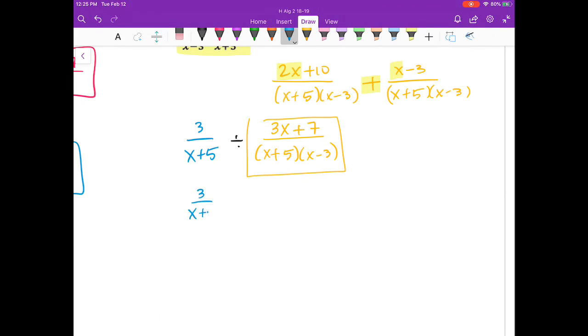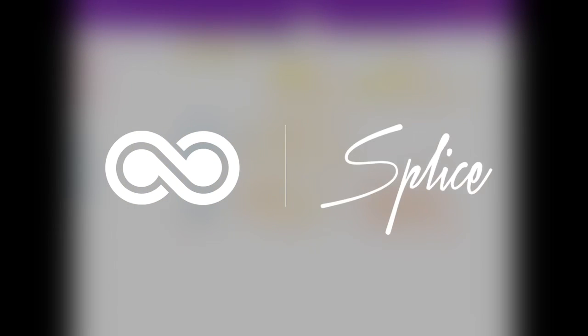So we have 3 over x plus 5 times, hey, x plus 5 times x minus 3 over 3x plus 7. Our x plus 5's cancel. So we have 3 times x minus 3 over 3x plus 7. Even if I distributed that numerator back through, we would not be able to get those 3x's to cancel. So we'll call this good enough.